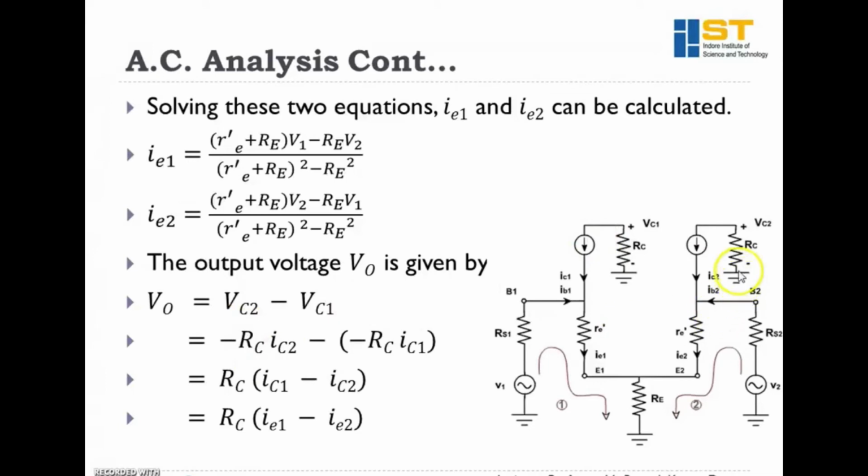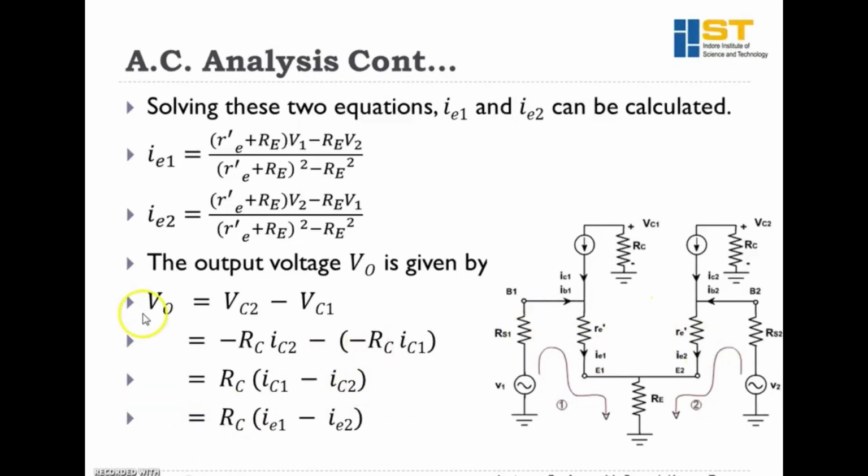What is VC2? VC2 is minus RC times IC2, and VC1 is minus RC times IC1. After solving this, we get RC times (IC1 minus IC2), and IC1 and IC2 are basically equivalent to I1 and I2.